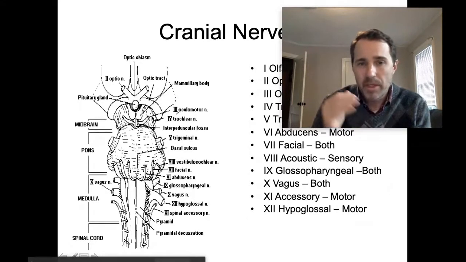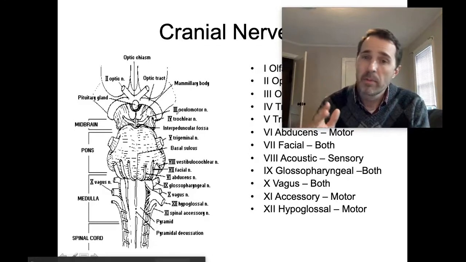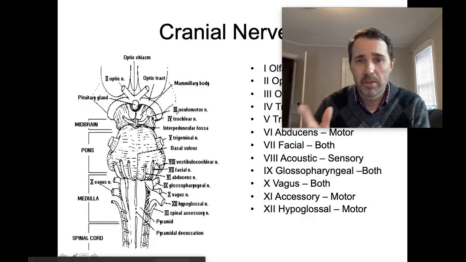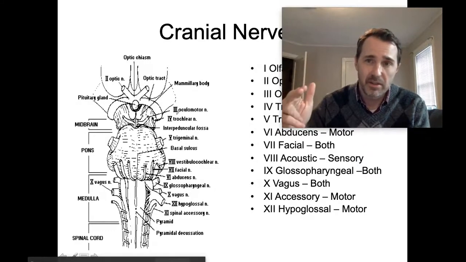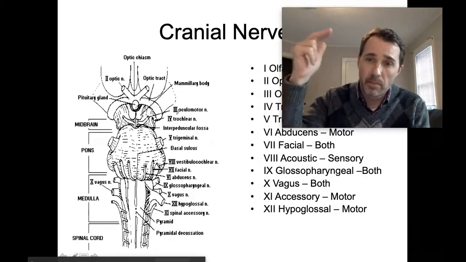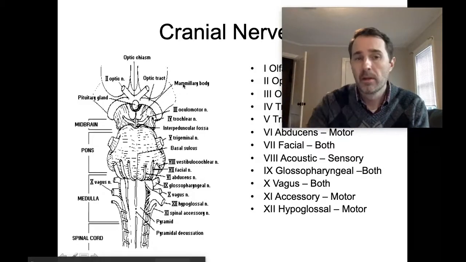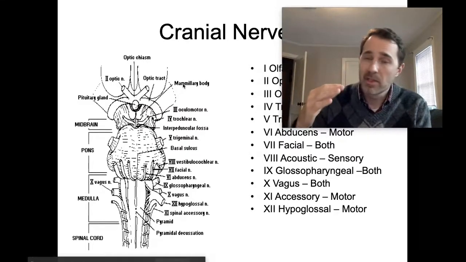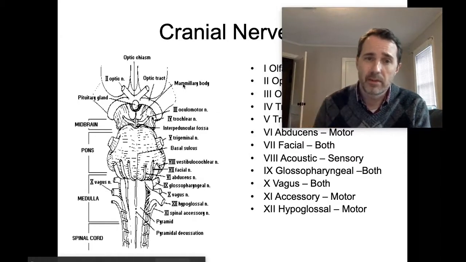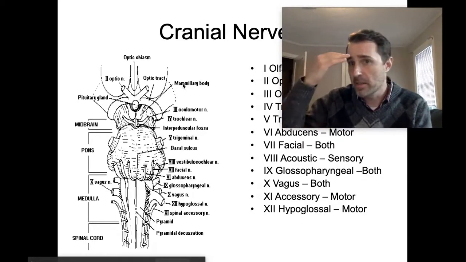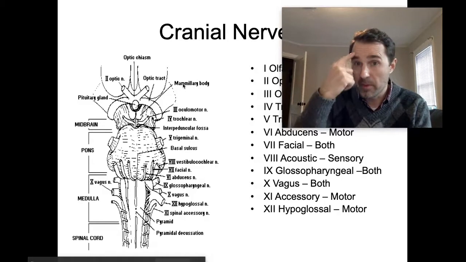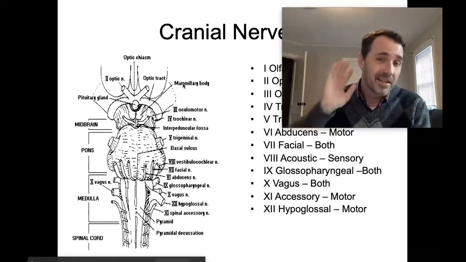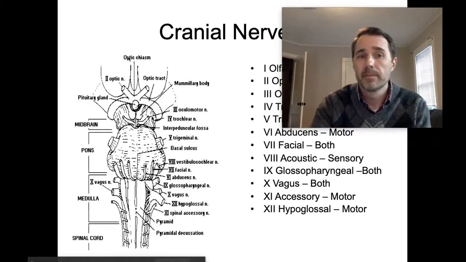And we talk about them by Roman numeral, and they're given a Roman numeral to represent the order in which they connect to the brainstem from superior to inferior, meaning the most superior cranial nerve to plug into the central nervous system is the olfactory. In fact, it's so superior, it runs straight from your nose, like up under your frontal lobes. It doesn't even have to plug into the brainstem.